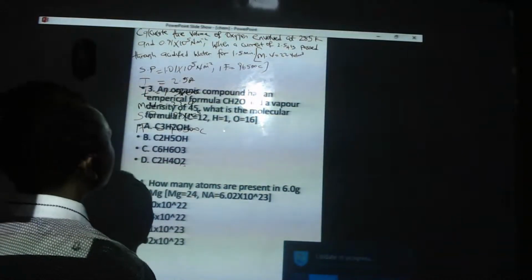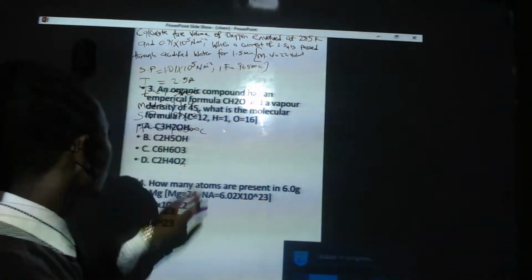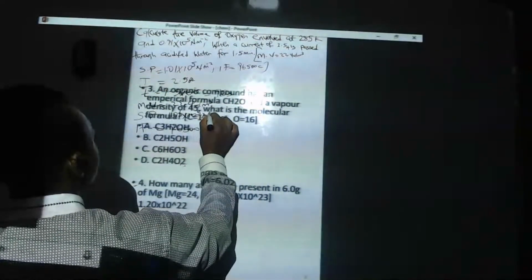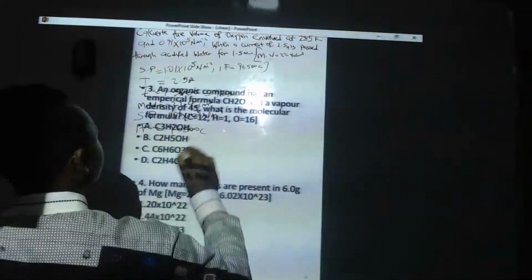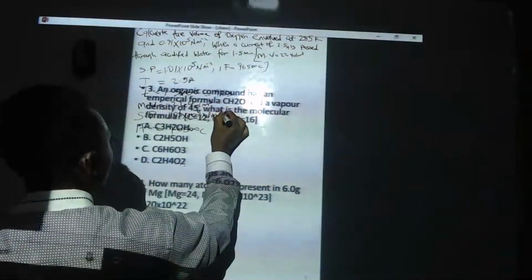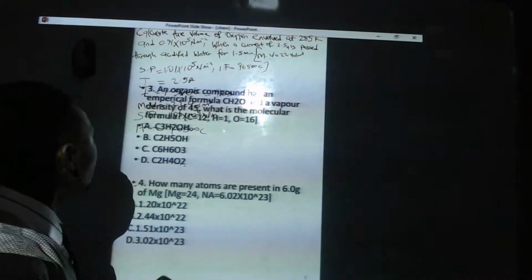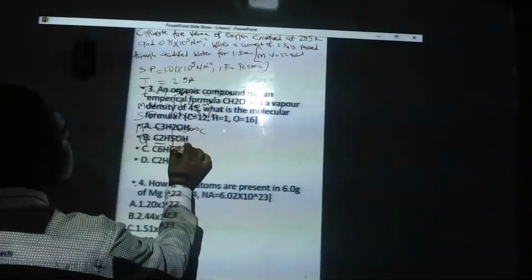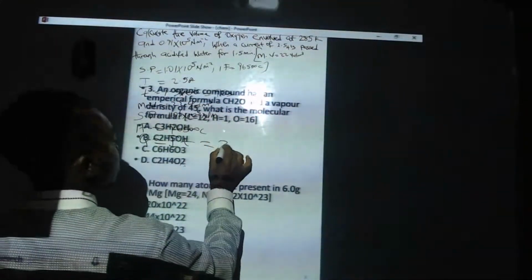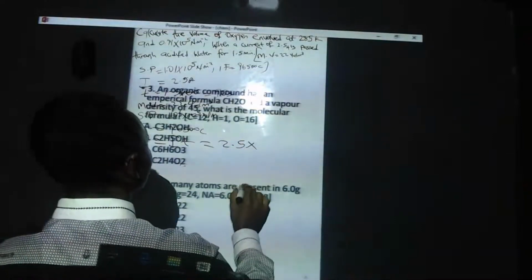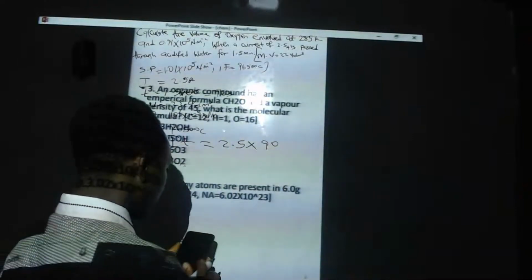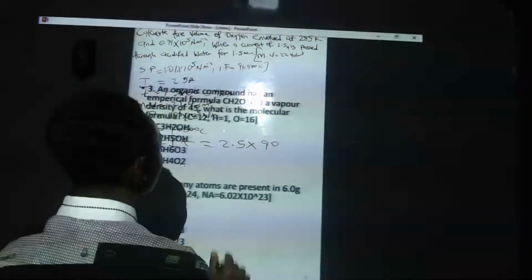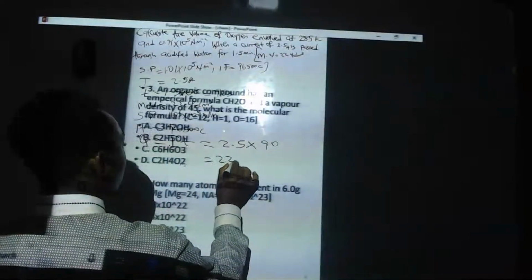Okay, so now the next thing is to find the quantity of electricity. It's your current, which is 2.5, times your time, which is 90. So 90 times 2.5 gives you 225 coulombs.